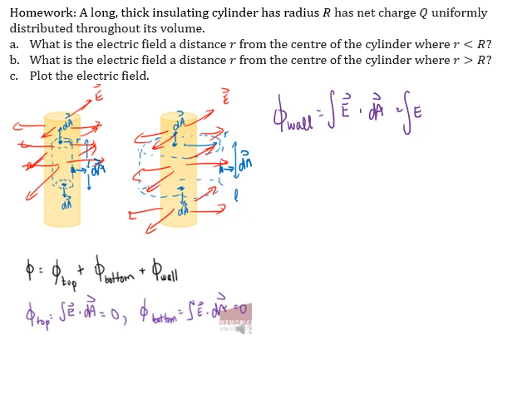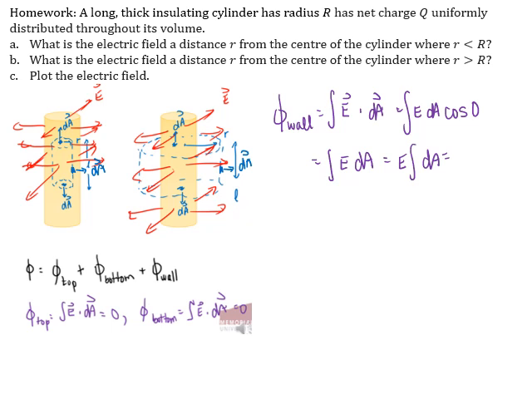You might notice time and again that the symmetry is such that the angle is either 0 or 90, and we pick our Gaussian surfaces so that that's what we have. This time our angle is 0. That leaves us with the electric field of E times dA because cosine of 0 is 1. If we're a constant distance away from the center in this sort of symmetry, the electric field is going to be a constant, so E comes out front.